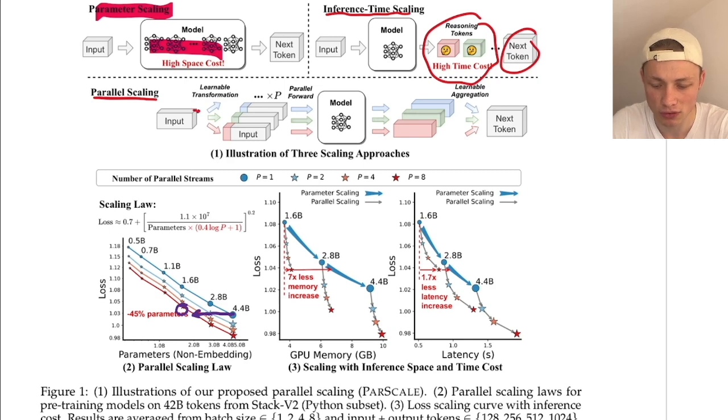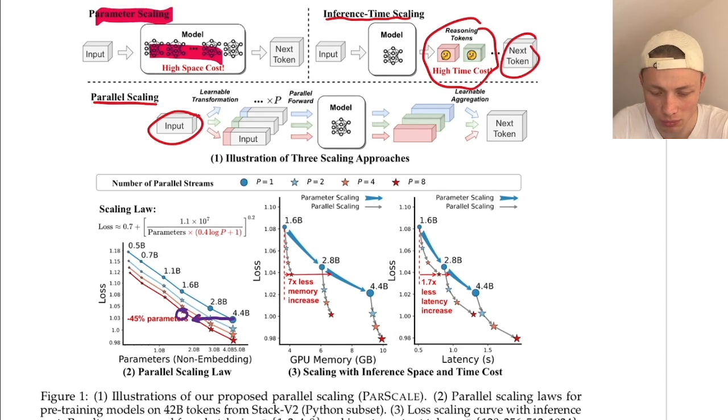And now we see the idea of parallel scaling. Here we have an input, and we are adding p learnable transformations. So we have, for example, in this picture, 3 learnable transformations, and those learnable transformations are just tokens we add as a prefix, okay? So we are duplicating each sequence p times, and then adding p different tokens at the beginning of this sequence.